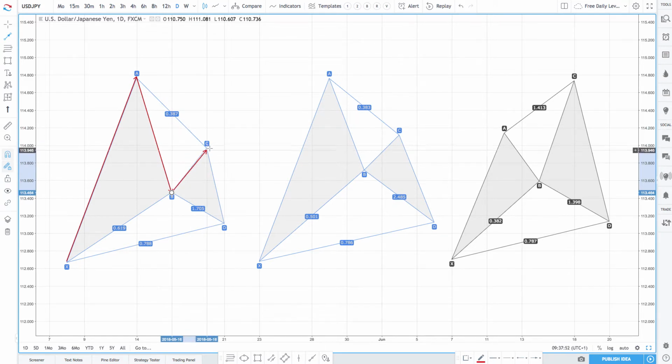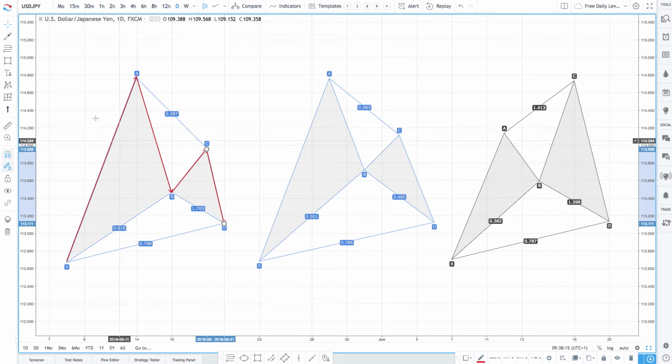Then you wait for prices to come back down to at least the 78.6, and then place a pending order or look for price action to set up your trade.